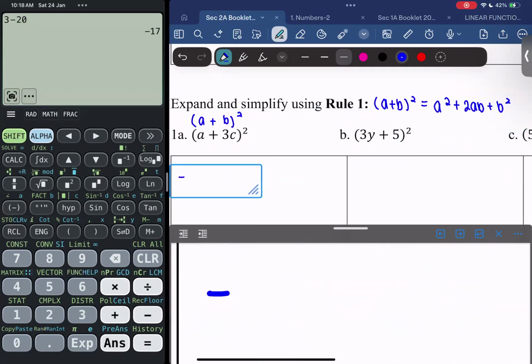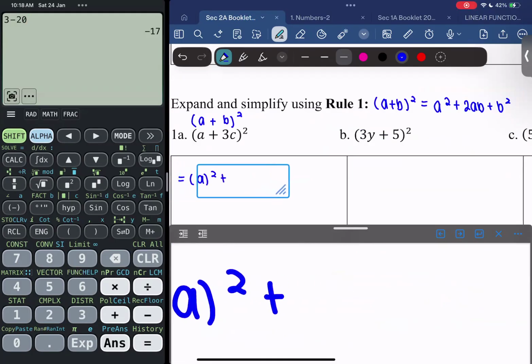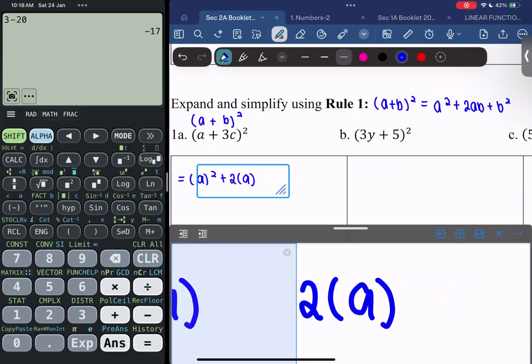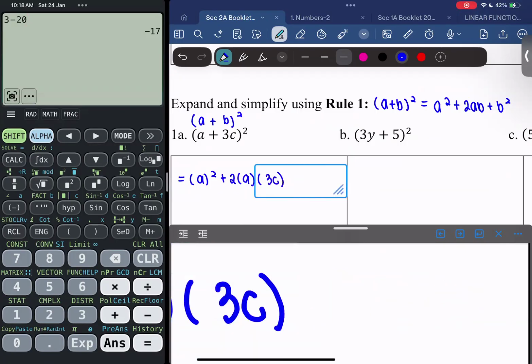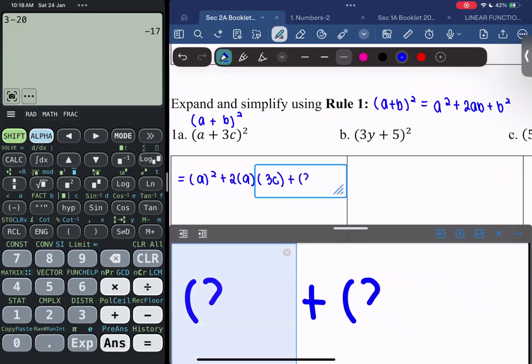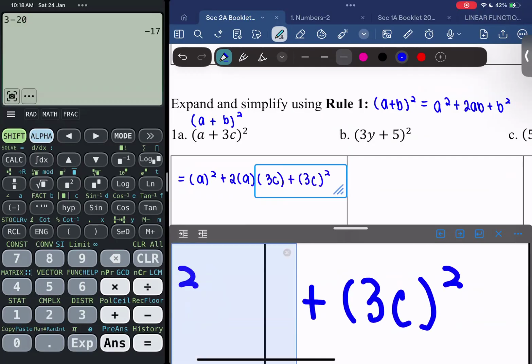So this is equal to A, still A, plus 2A, B is 3C, plus 3C squared.